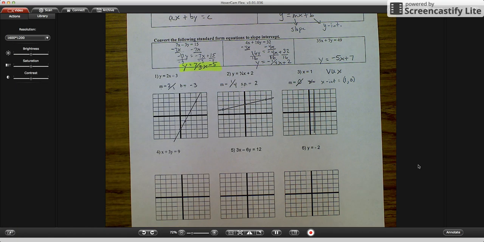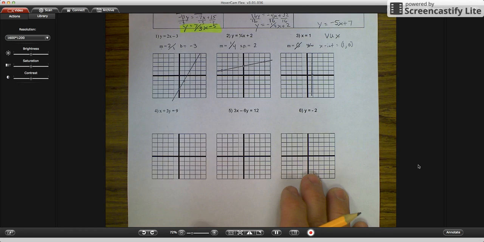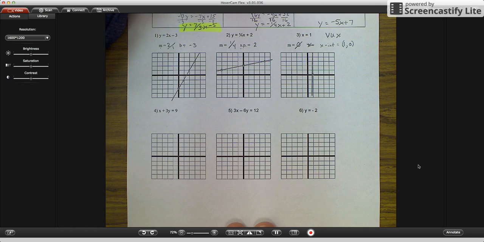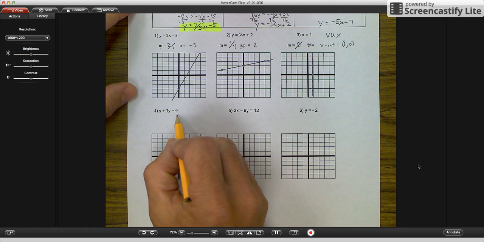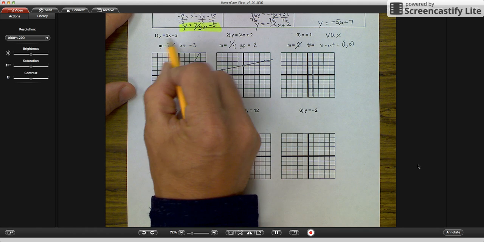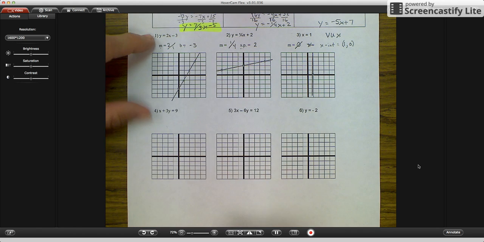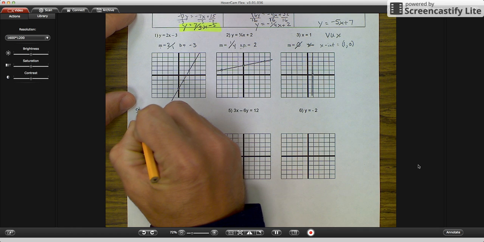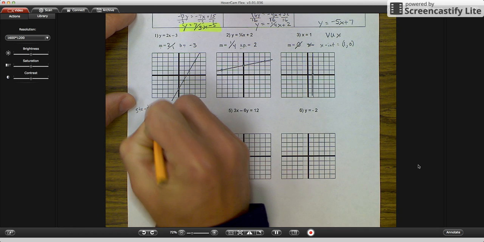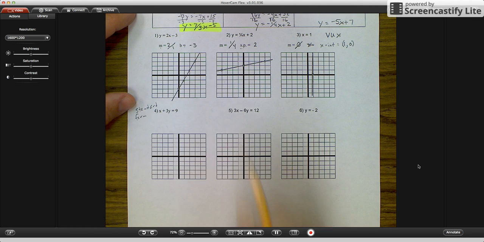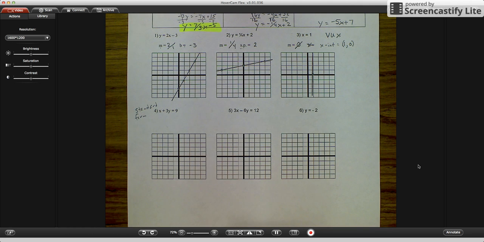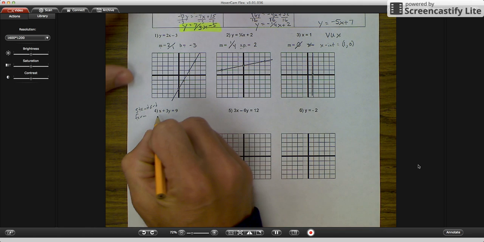Okay. The last few that we're going to do come down here, and I notice that these equations do not look like these equations, right? They're different. So this one is standard form. And you could graph from the x and y intercepts, or we could solve for y.